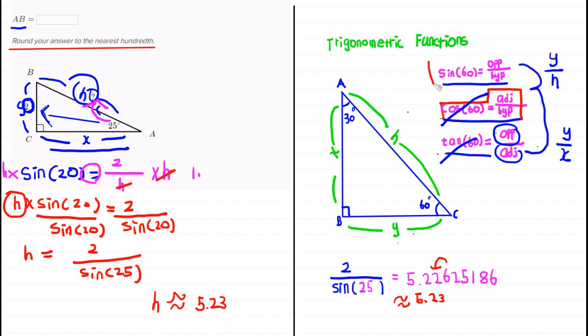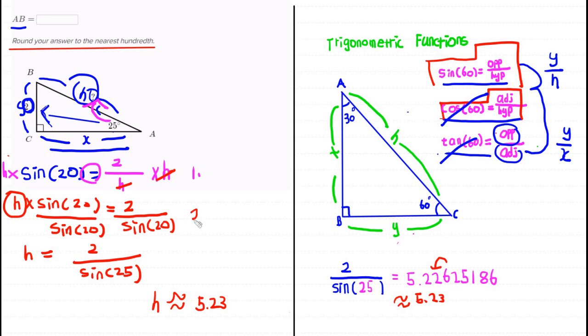So we used sine, which is the trigonometric function proper for this question. And so the answer was approximately 5.23. In step 1, we made an equation for this triangle.